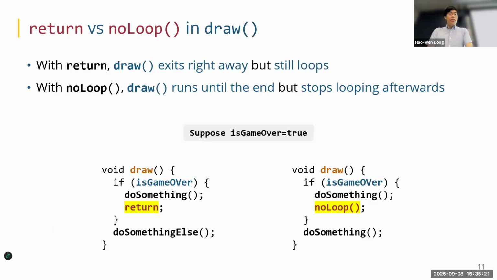Actually, the noLoop versus return thing will happen in your homework 2. In homework 2, there's a tiny difference between return and noLoop. When we are doing this scan over, as I said, whenever the game is over, we want to freeze the whole program. We don't want it to completely get out of that thing.